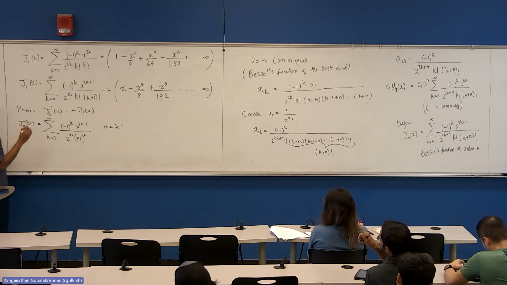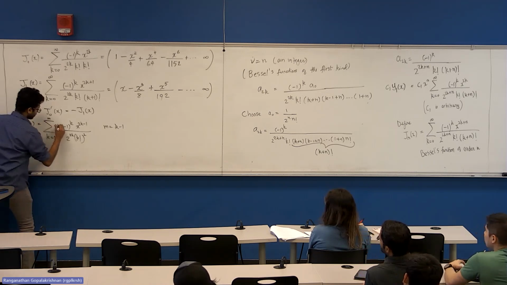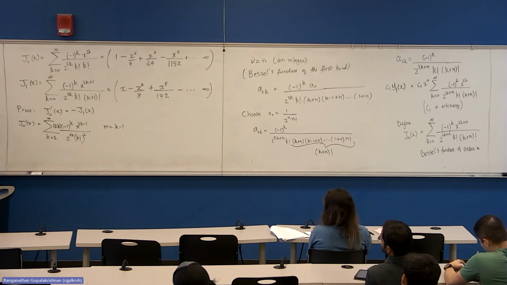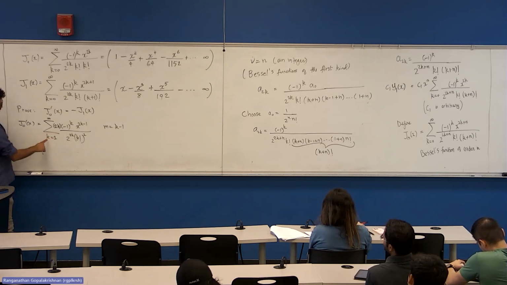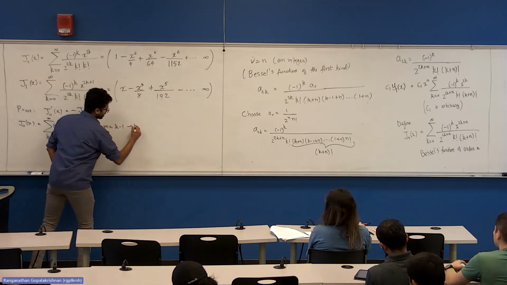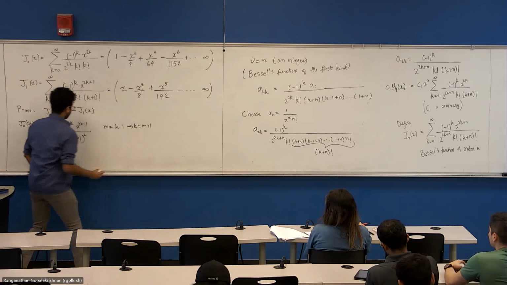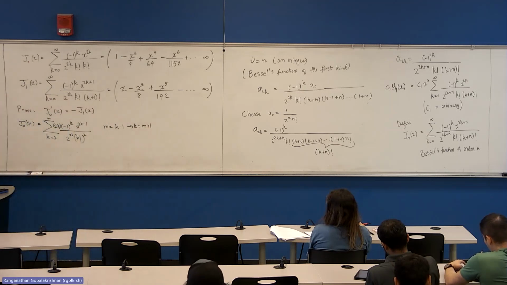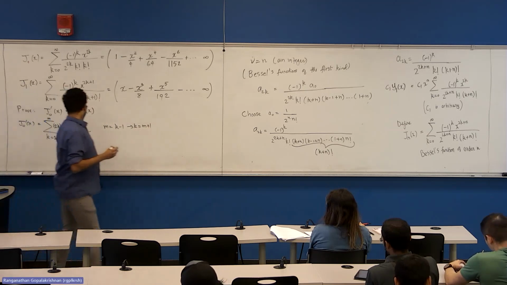Yes, I missed that. So I want to shift the index by replacing k minus 1 with m. Wherever k appears, I can replace it with m plus 1.